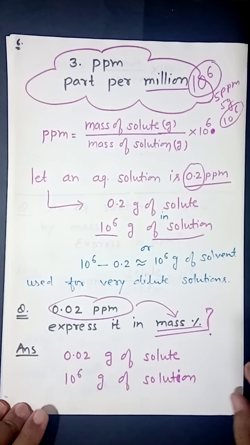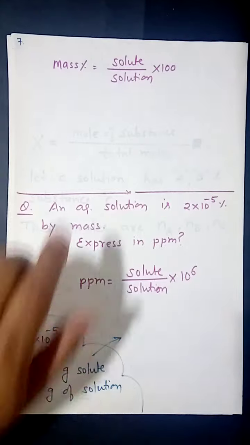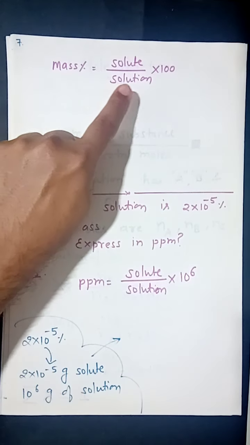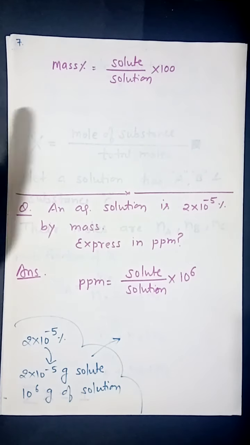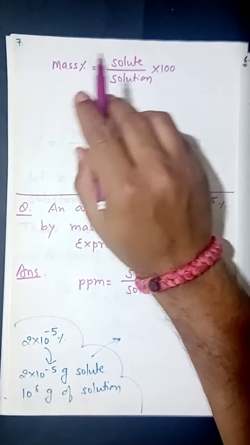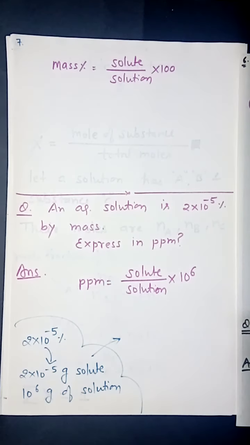Express it in mass percent. So you need to start with the formula of mass percent. Mass percent, we know, is mass of solute upon mass of solution into 100. To get the answer, we need the mass of solute as well as the mass of solution.